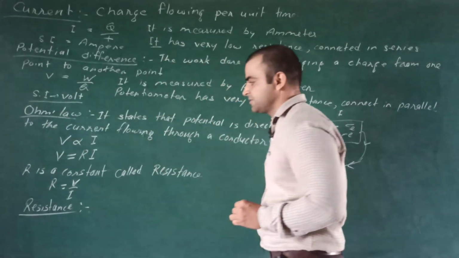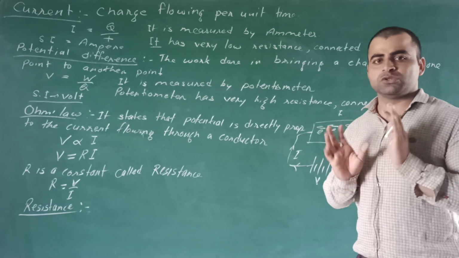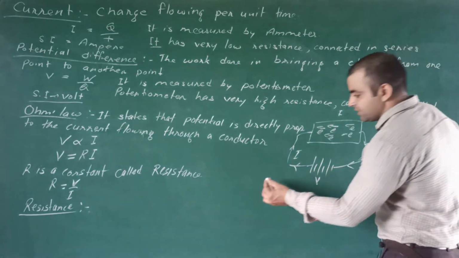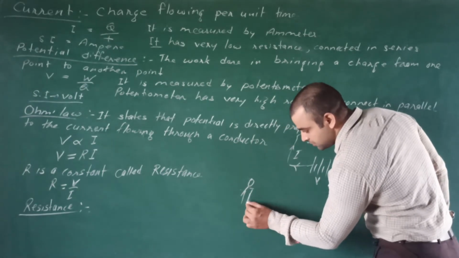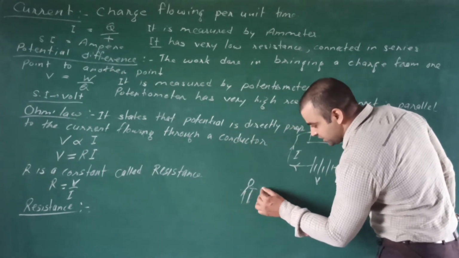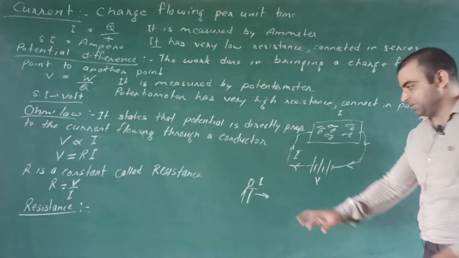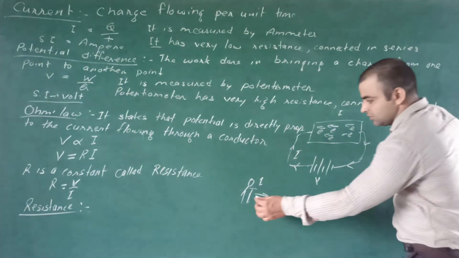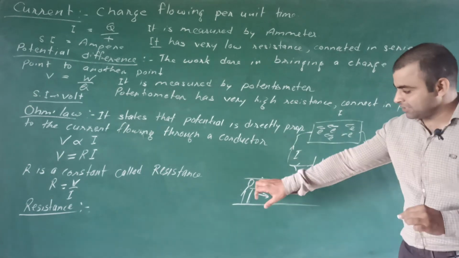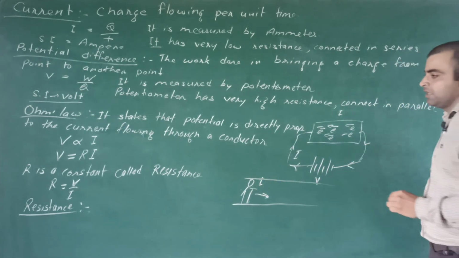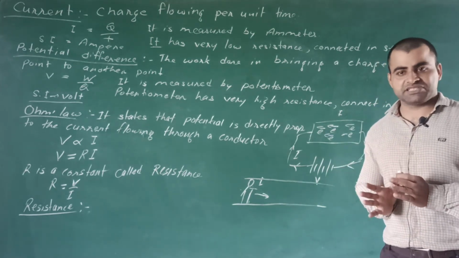What is resistance? Resistance tries to stop the current. It opposes the current. Here current is coming through a conductor. Every material has its own resistance.